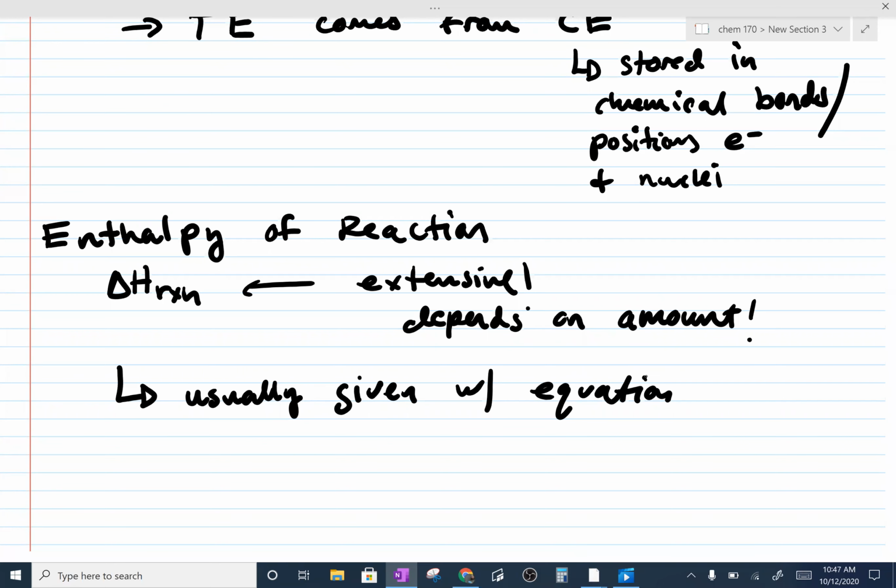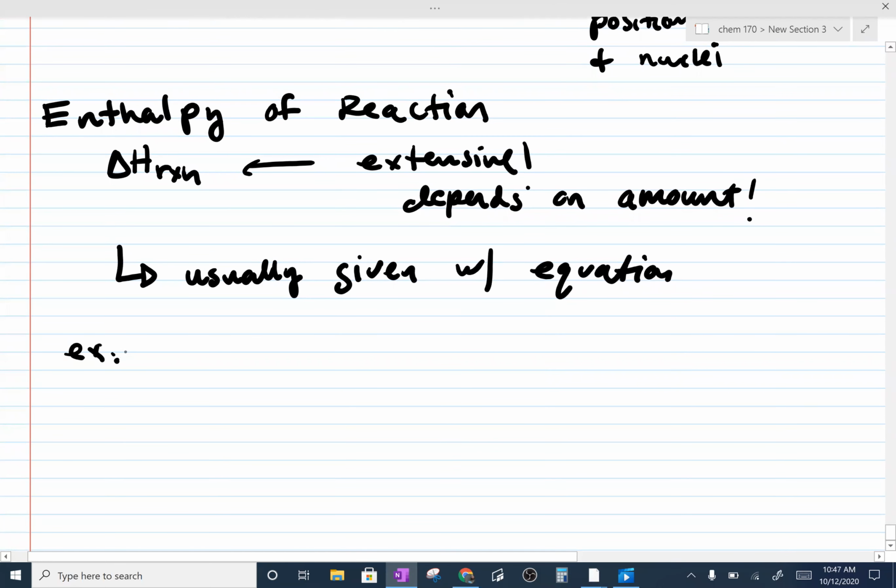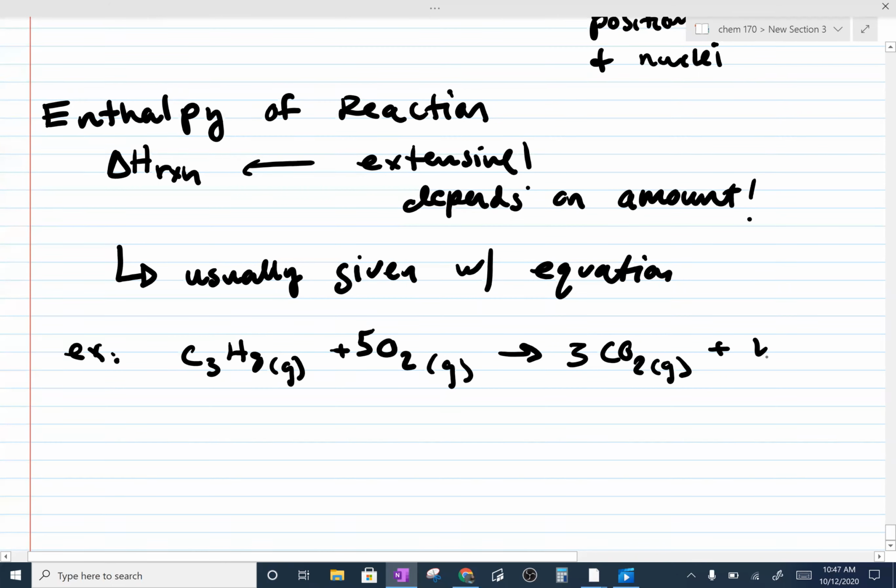So for example, let's burn some propane. C3H8 gas reacts with oxygen gas to produce 3 carbon dioxide gases plus 4 H2O gases. And the delta H reaction for this particular reaction is negative 2044 kilojoules.